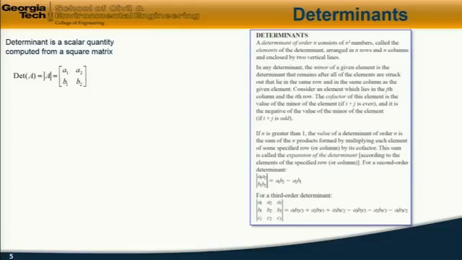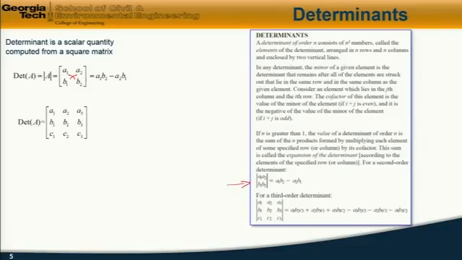And the simplest case is a 2 by 2 matrix, A1, A2, B1, B2. And the value of the determinant is the cross products here, A1 B2 minus A2 B1, which is the equation given right here.